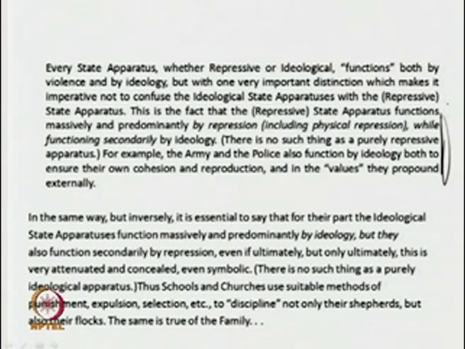For instance, it says here in brackets, there is no such thing as a purely repressive apparatus. A purely repressive apparatus would have to be a mindless one if it is not informed by ideology. Then, for example, the army and the police also function by ideology, both to ensure their own cohesion and reproduction and the values they propound externally.